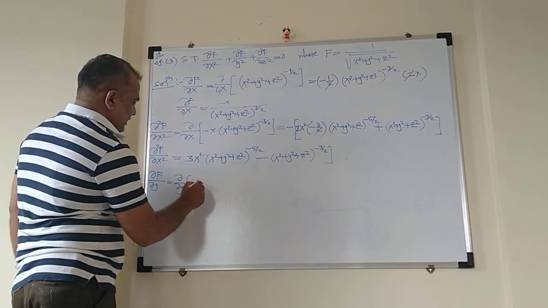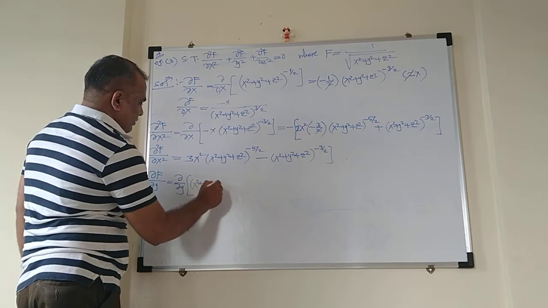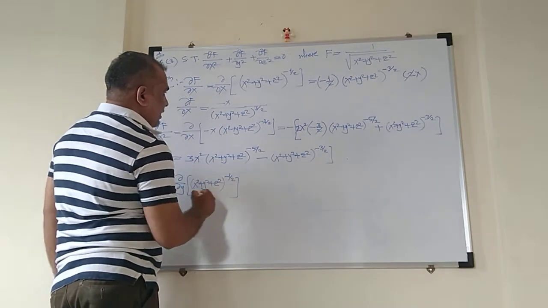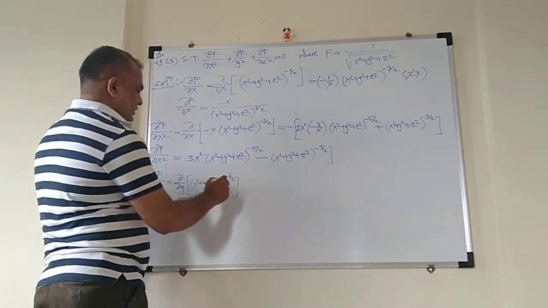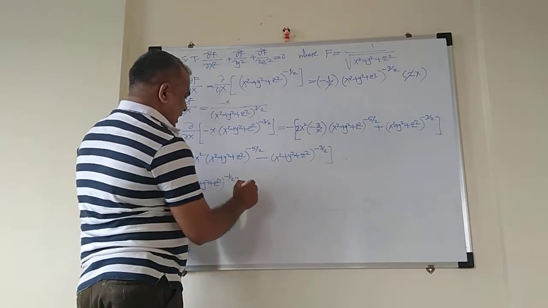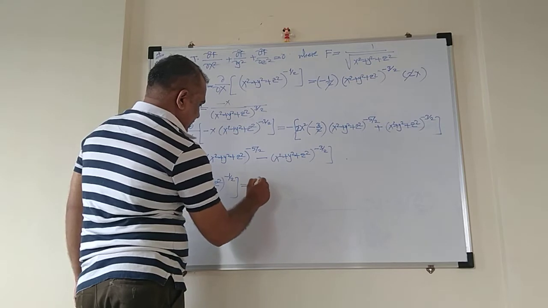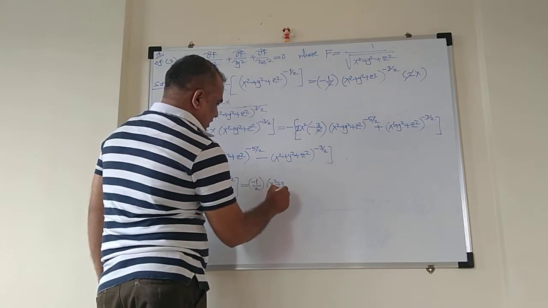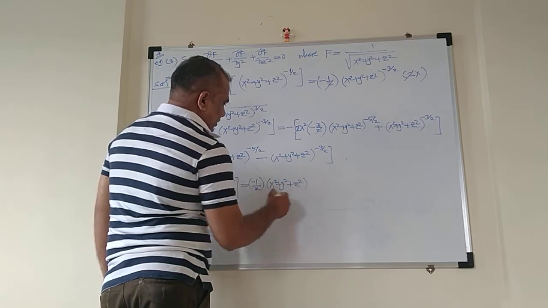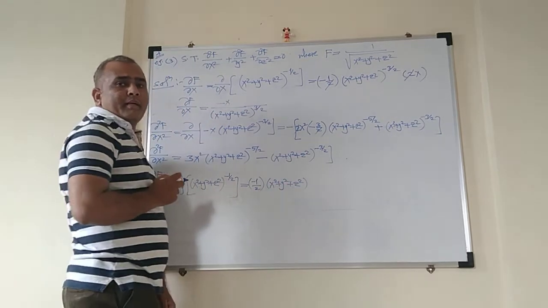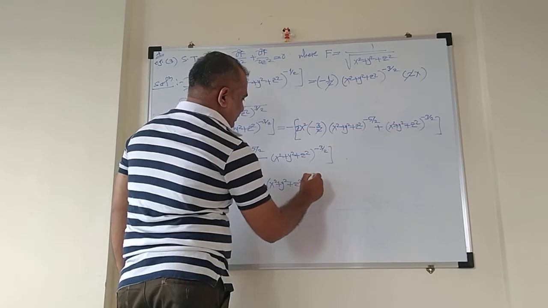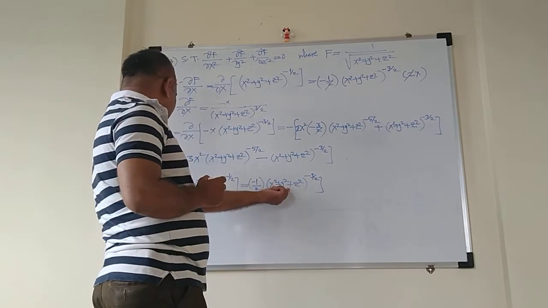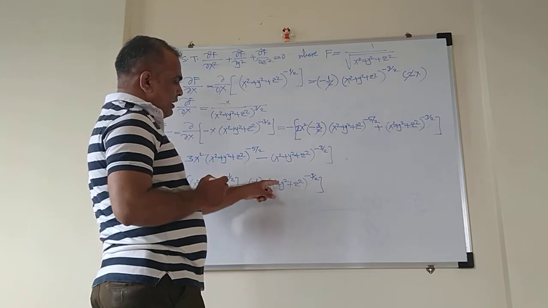Your given function is x square plus y square plus z square raised to power minus half, and if you differentiate this, this will give me again minus half into x square plus y square plus z square raised to power minus 1, that means minus 3 by 2, into differentiation of this with respect to y will be 2y.